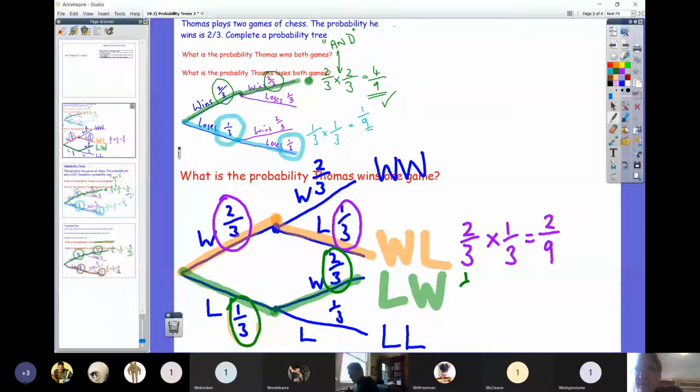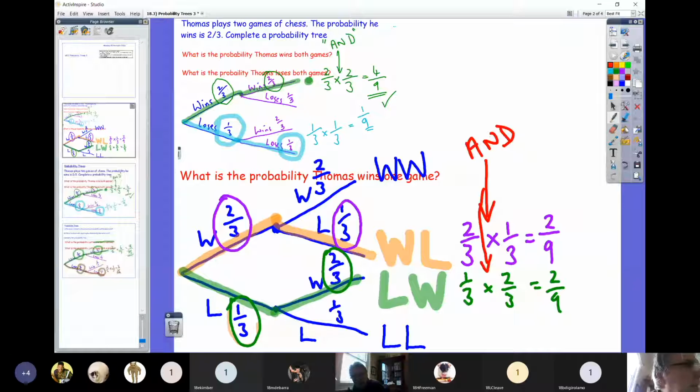Now think about what I said about the language last time. That times sign in the middle is because he wins and then he loses. Alternatively, loses and then he wins. So both of those times signs are because we're saying and.